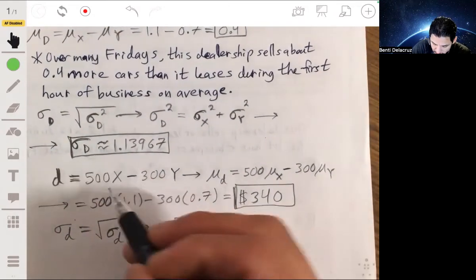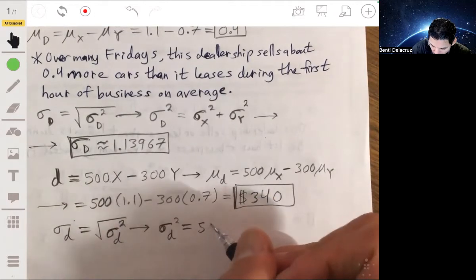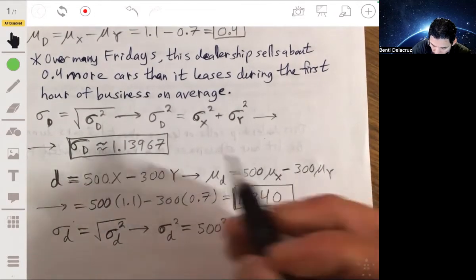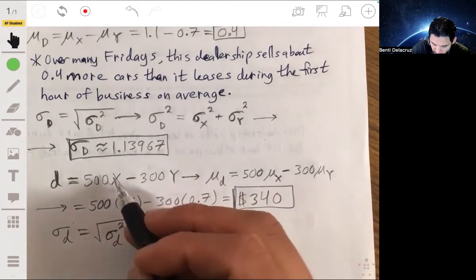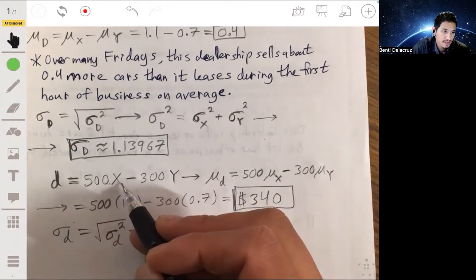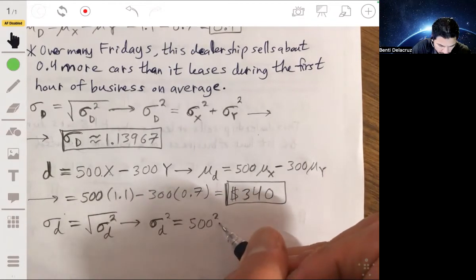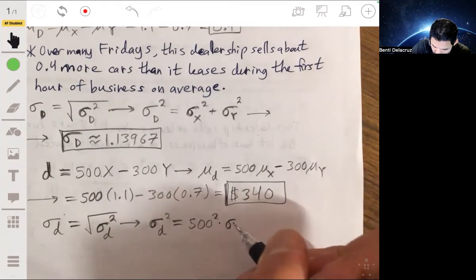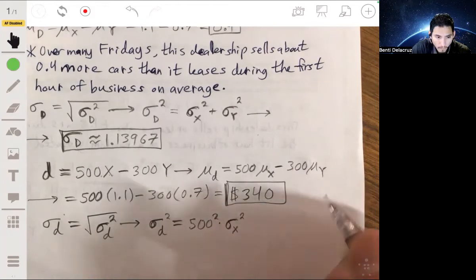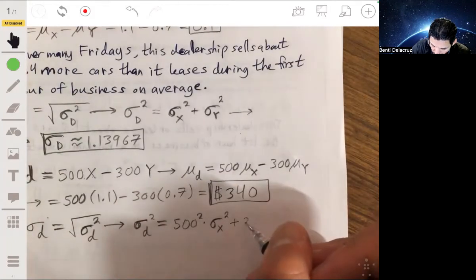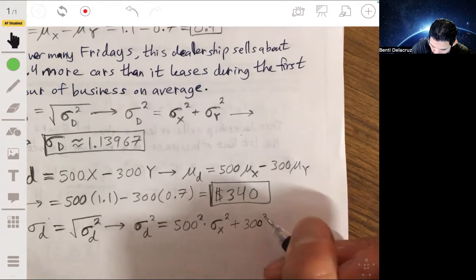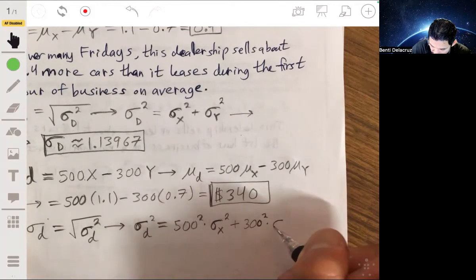We need to make sure that we square the 500 and square the standard deviation of X. So this will be 500 squared times the standard deviation of X squared, plus 300 squared times the standard deviation of Y squared.